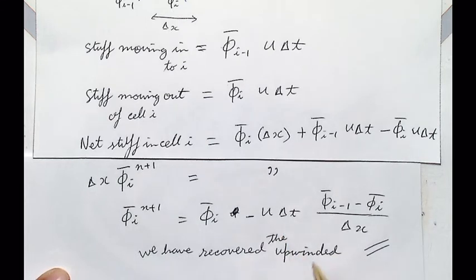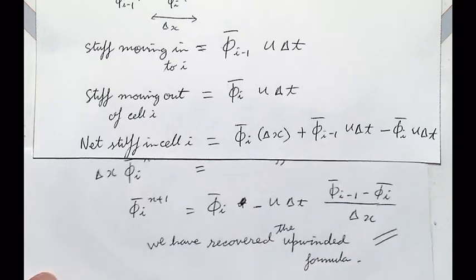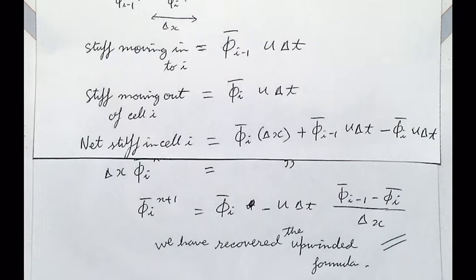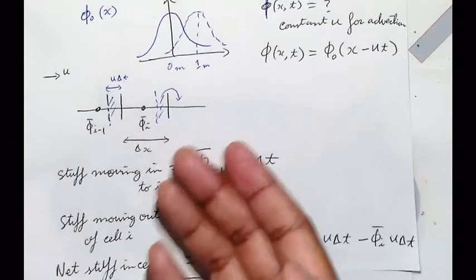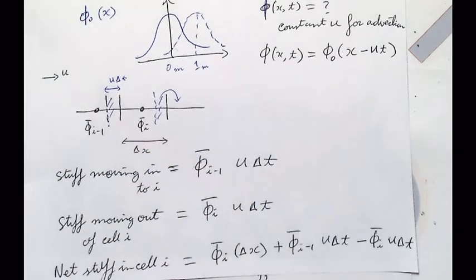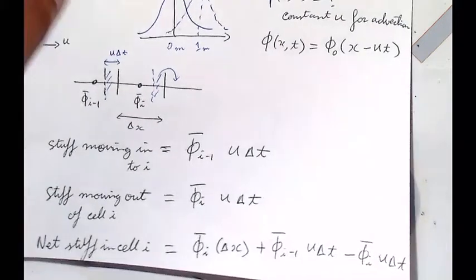We recovered the upwinded formula. So that's another interpretation of upwinding: basically, looking at the information that's coming in and the information that's going out.